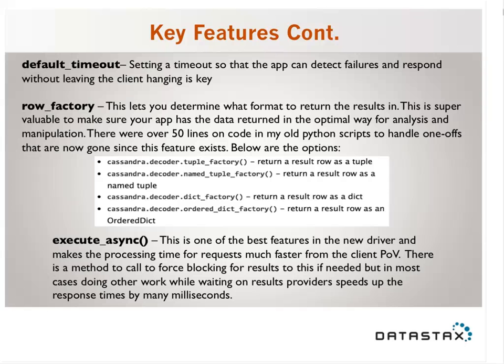The row factory piece. This is extremely important for the Splunk specific app that was written, but it's important to a lot of the people that I talk to in the space to be able to figure out how the data is going to be returned, what the format is going to be from the result rows, so that you can write handlers to do whatever you need to do with them, whether you're using them in R, dumping them into another data set, or visualizing them in your own app or the Splunk app.